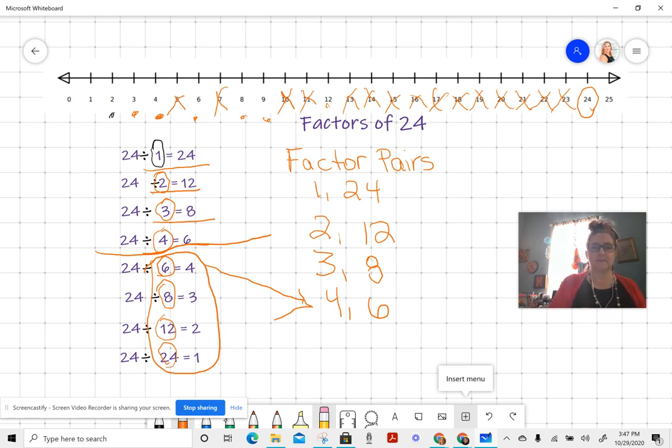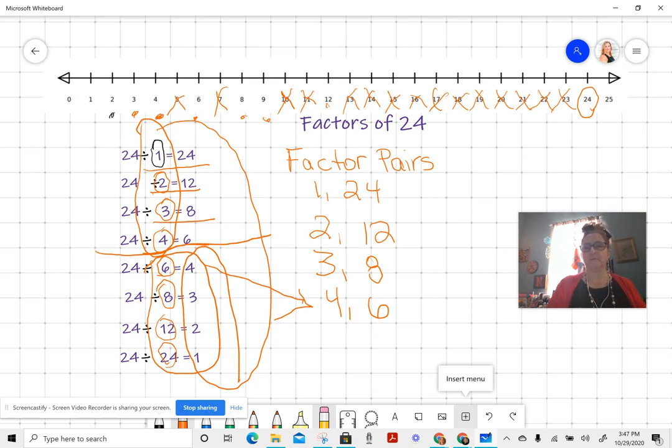You can see that these numbers right here are these numbers right here, and they started repeating. So my factor pairs for 24 are 1 and 24, 2 and 12, 3 and 8, 4 and 6, and I found those by dividing down the number line.